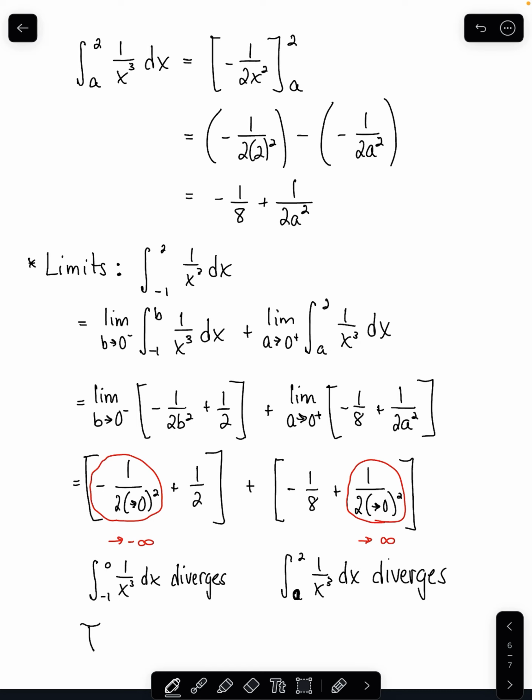Thus, the original integral from negative 1 to 2 of 1 over x cubed dx also diverges. It is important to note that when we split an interval into two integrals, if either one of them diverges, then the original integral also diverges.